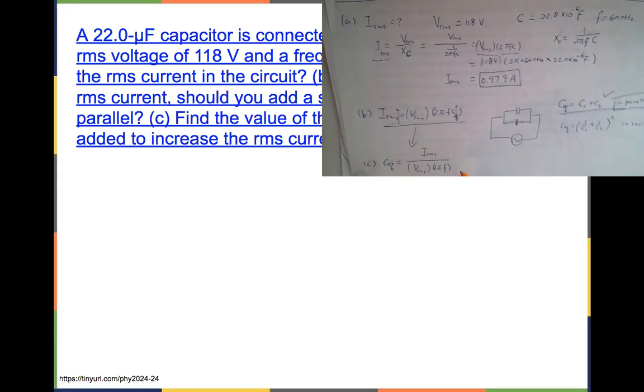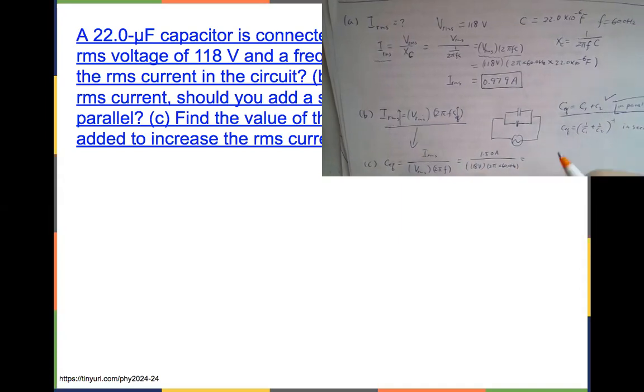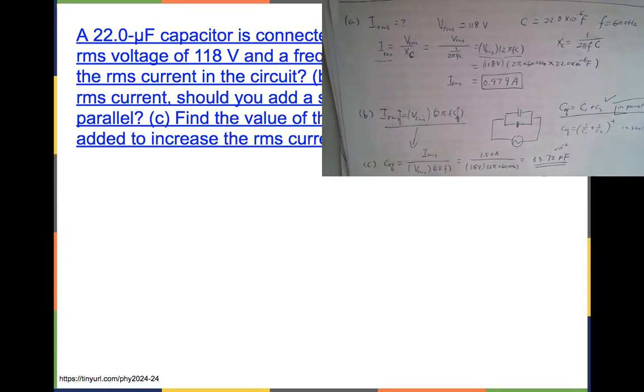So we are going to plug in the numbers this time. I is 1.5 amps, V is the same 118, and 2 pi frequency remains the same. This gives you 33.72 microfarad, which is 33.72 times 10 to the minus 6, but I use microfarad there. So my CEQ, 33.72 microfarad, is equal to C1, which is 22 microfarad, plus C2.